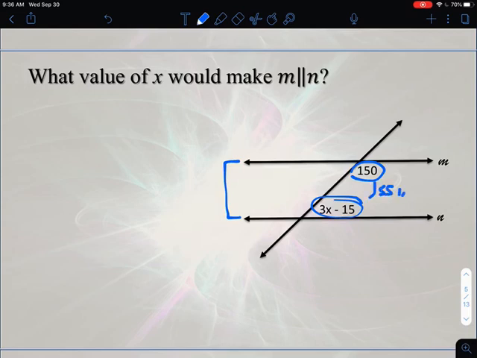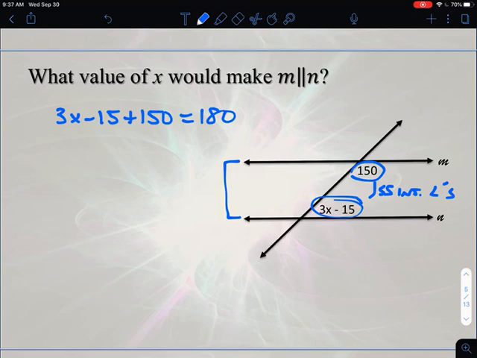These angles are same side interiors. If M and N are going to be parallel, we need those same side interiors to add up to 180. So 3x minus 15 plus 150 should equal 180 degrees.